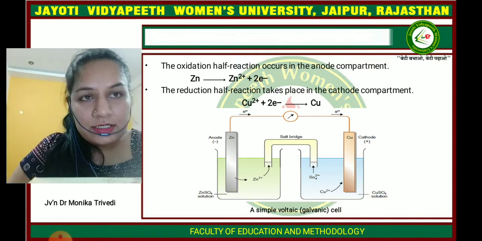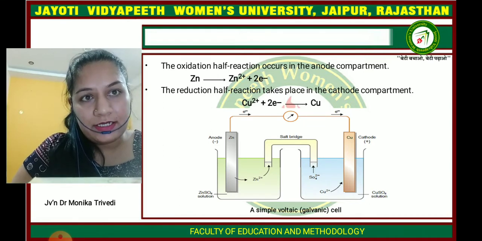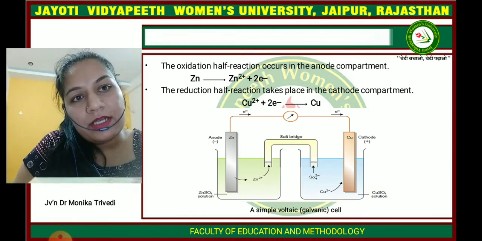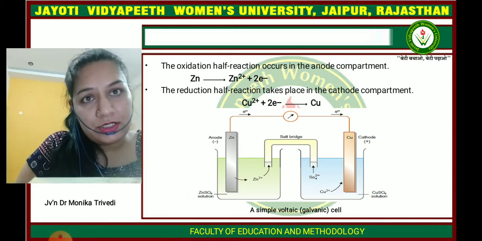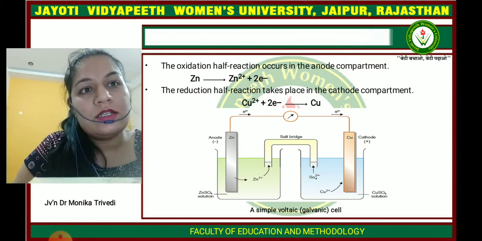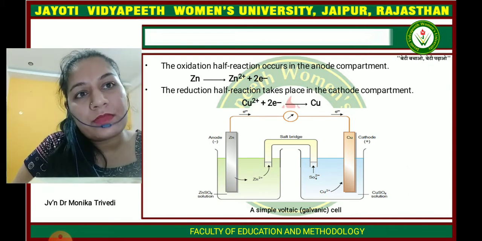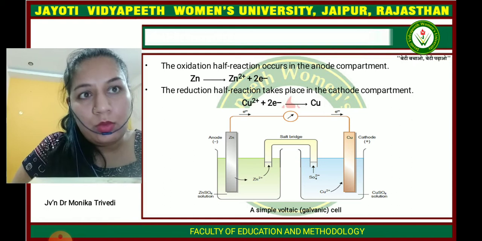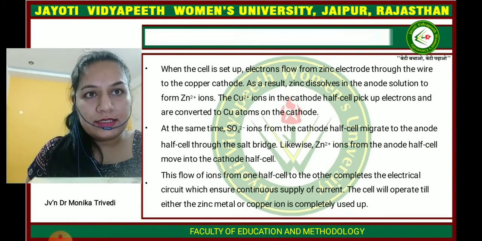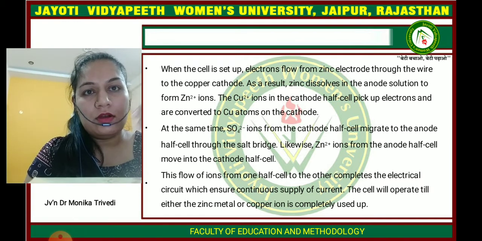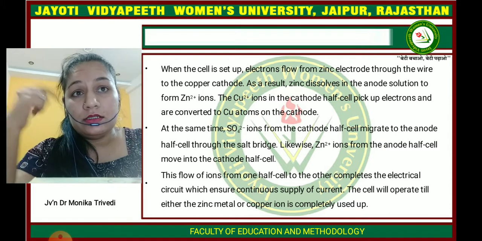Here you can see the simple voltaic or galvanic cell diagram, with a zinc bar placed in a zinc sulfate solution and a copper bar in a copper sulfate solution. Here is a salt bridge, and the anode and cathode are connected via copper wire. When this cell is set up, electrons flow from the zinc electrode through the wire to the copper cathode.